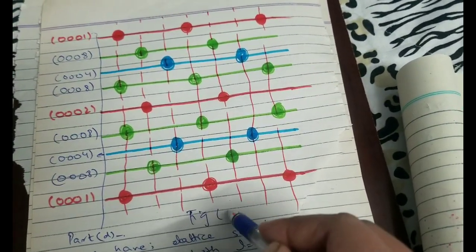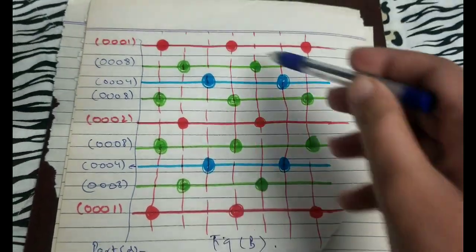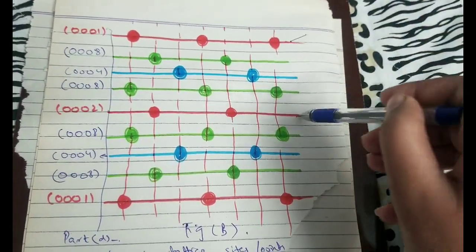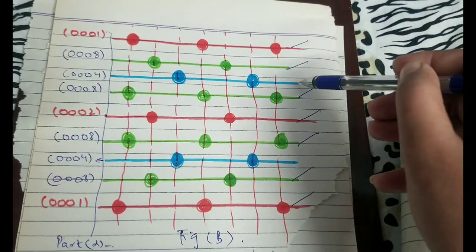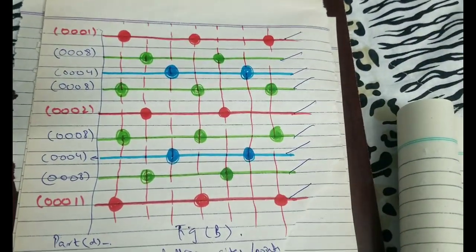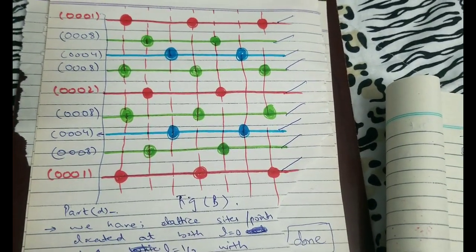So this is figure B. Do mention that these are lattice atoms, these are the tetrahedral sites, and these are the octahedral sites. All right, so in that way the question is done.